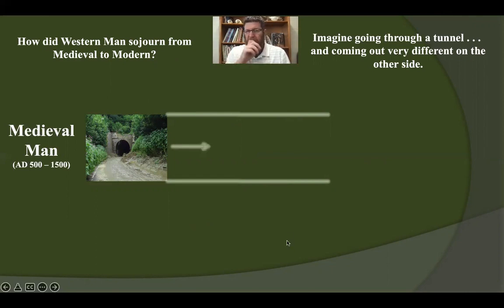But that Christian worldview experiences 3 big old speed bumps in the tunnel. This is an old slide. You've seen it several times. The car goes through the tunnel and it hits 3 speed bumps. The Renaissance, that is a rebirth and a kind of a renewed interest in Greco-Roman culture and art and life and literature. Then the Reformation, 16th century, which puts emphasis on the individual.